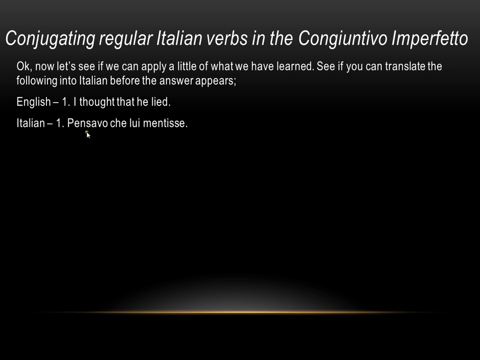Okay, pensavo, past tense for thought. Then we have our che clause, che lui mentisse, because there's no differentiation between the past tenses. So we use congiuntivo imperfetto, che lui mentisse, mentire being your verb.